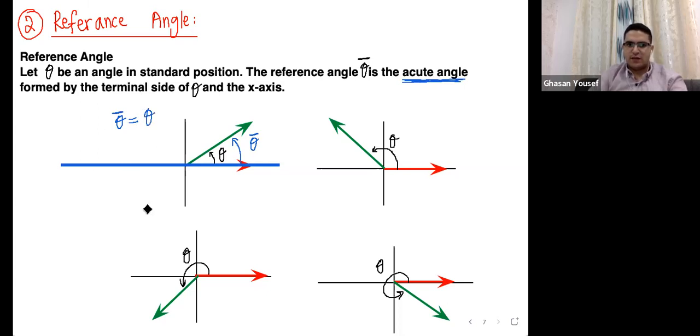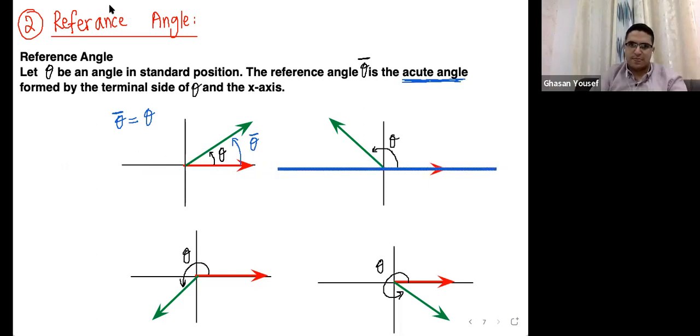Now for the second one, what is my reference angle? My reference angle is the acute angle formed by the terminal side, the green one, and the x-axis, not the positive x-axis, the x-axis.